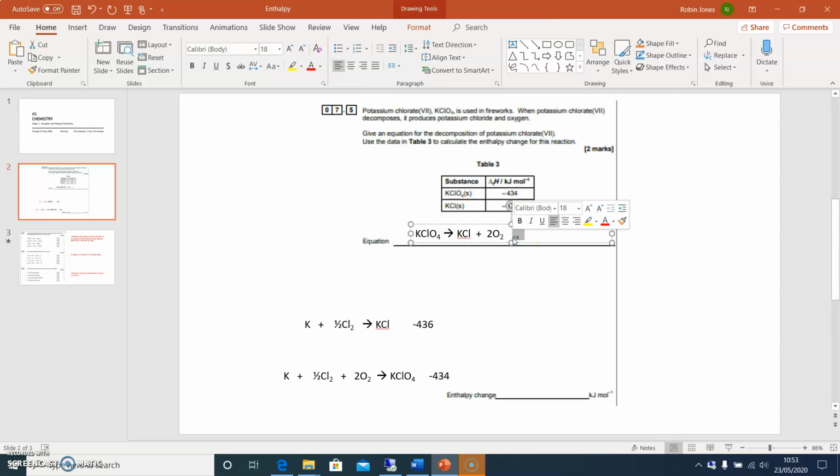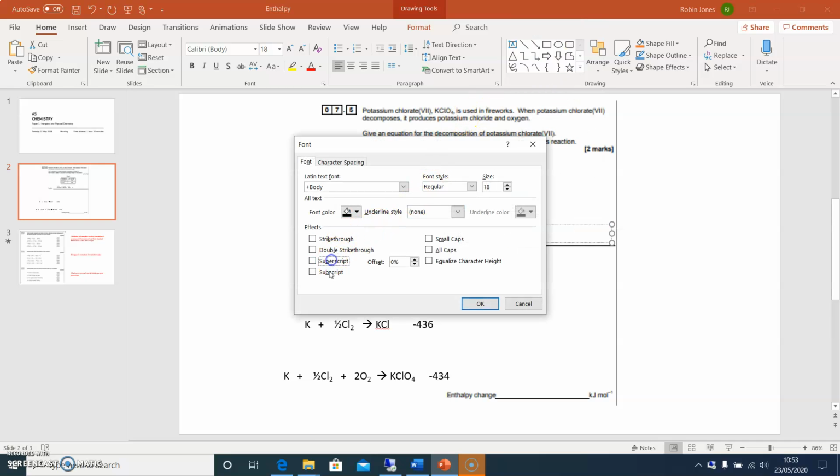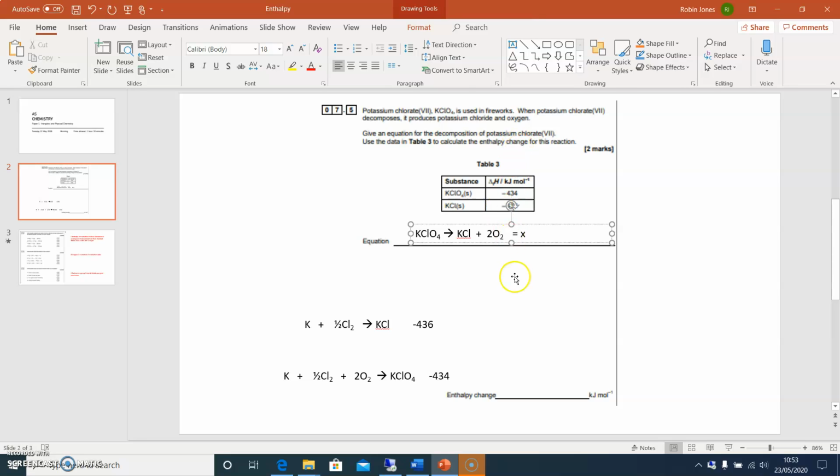So this is a value x, so delta H is x for this, and I need to try and find out what it is. That's what it's asking me. Calculate the enthalpy change for this reaction. So I need to match these up.